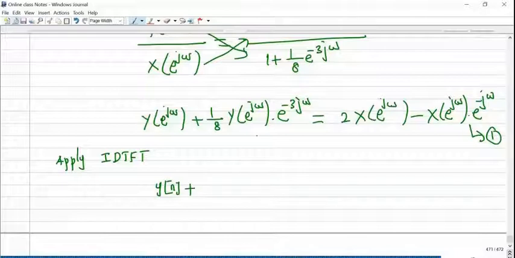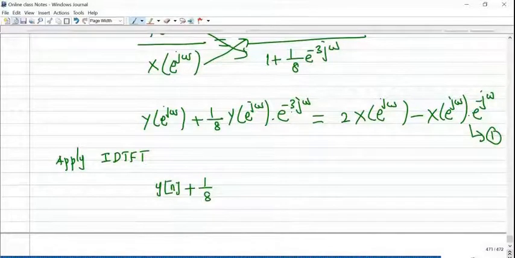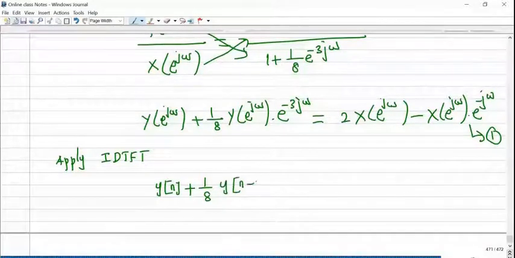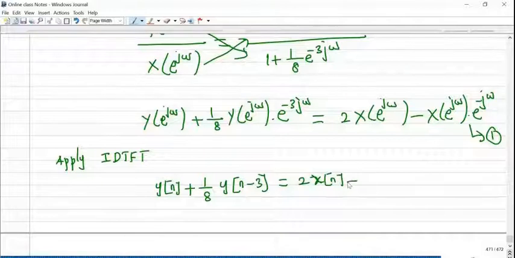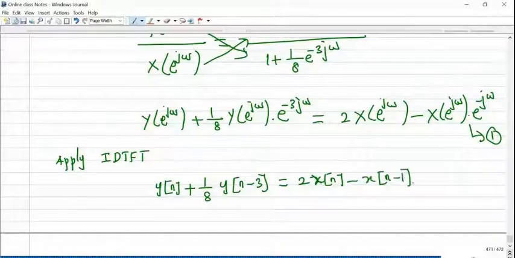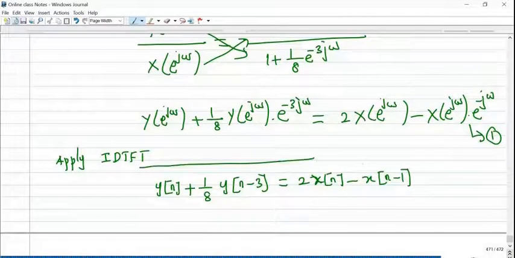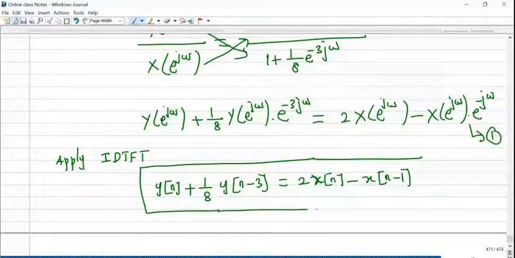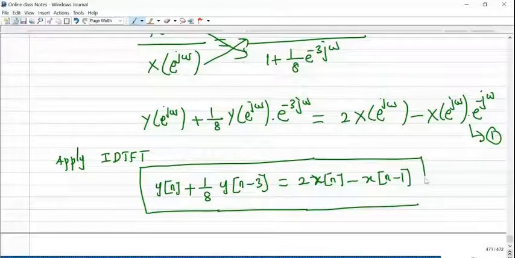Plus 1 by 8 is a constant, so e power minus 3j omega Y of e power j omega is nothing but y of n minus 3, equal to 2 x of n minus e power minus j omega X of e power j omega, which is x of n minus 1. So this is the desired difference equation of the given LTI systems connected in cascade.